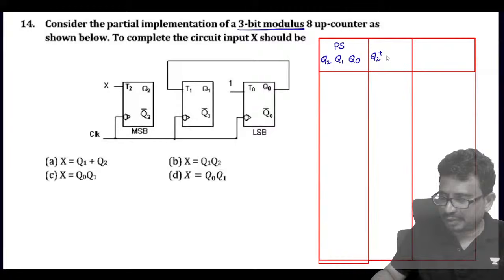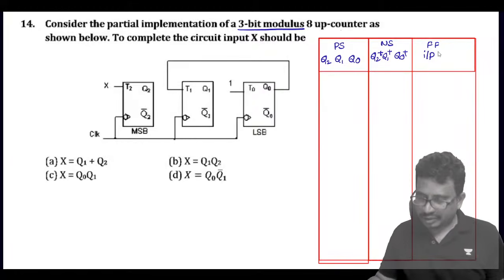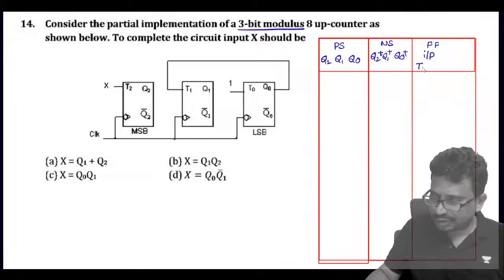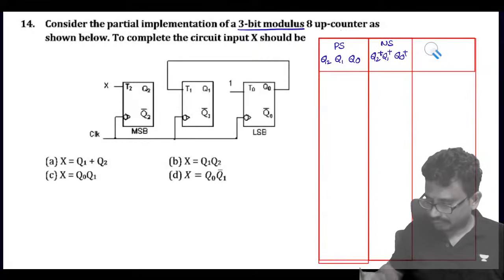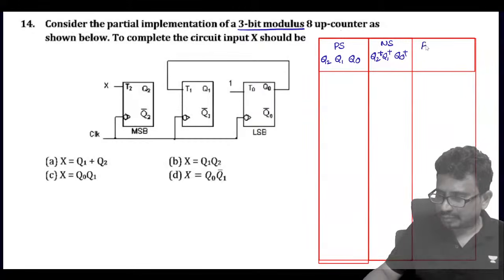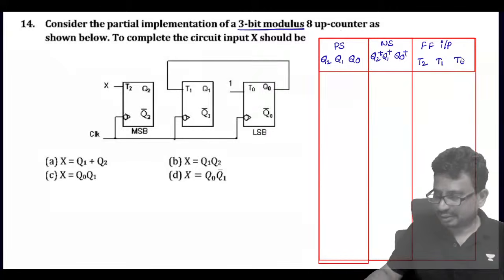We can say Q2 plus, Q1 plus, and Q0 plus. This is the next state, and we need to write the flip-flop inputs. Flip-flop inputs we should get. And here we have T flip-flop, so that is T2, T1, and this is T0.